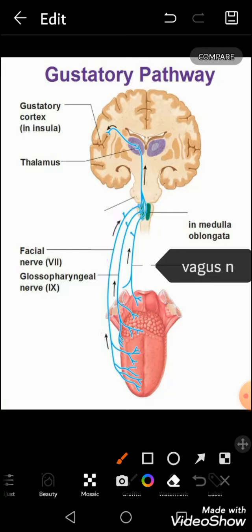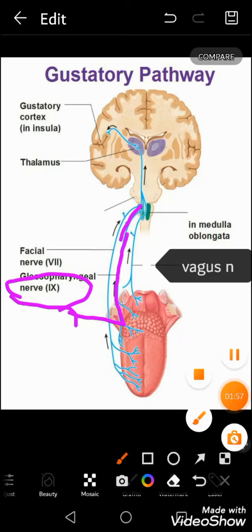And now let me mark what happens to the posterior one-third area of the tongue, that is being supplied for the taste fibers via the glossopharyngeal nerve, and this glossopharyngeal nerve takes the information and has to ascend through its inferior and superior ganglia, and then it reaches again into the tractus solitarius, which is located in the medulla oblongata, right?